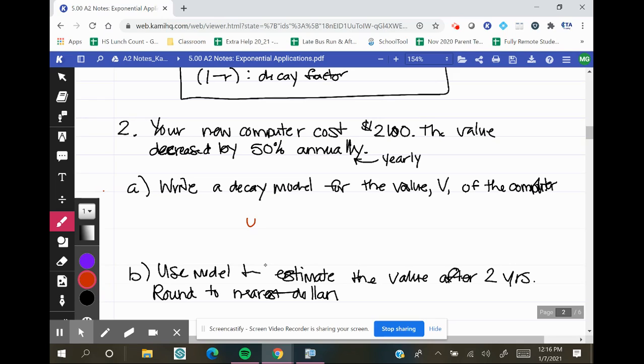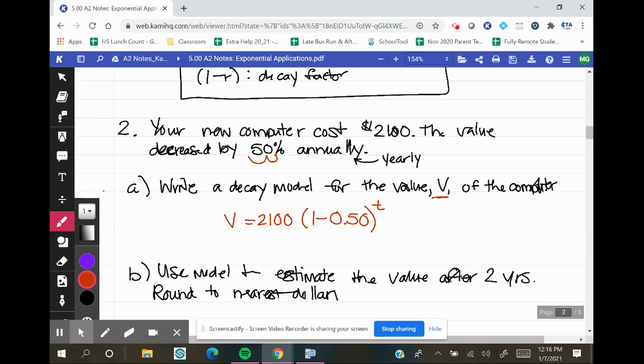All right, so here you should have, instead of y, we want to make sure we use the same variables that they've specified. So v equals our initial amount, 2,100, times 1 minus your rate. So remember to move your decimal to the left. That's how you change a percent to a decimal.